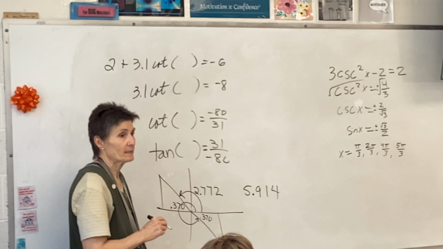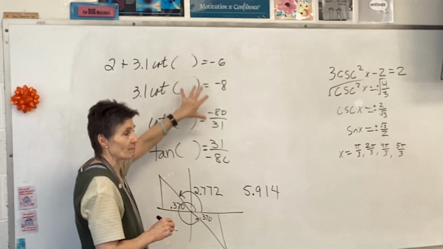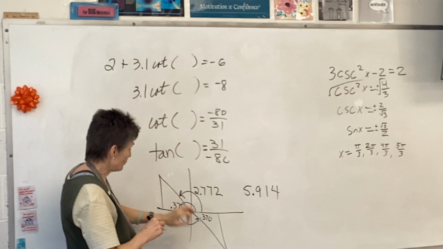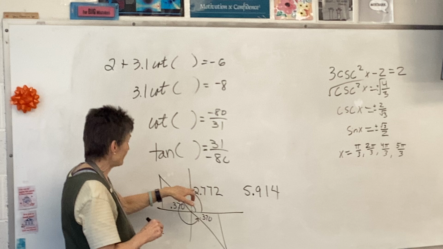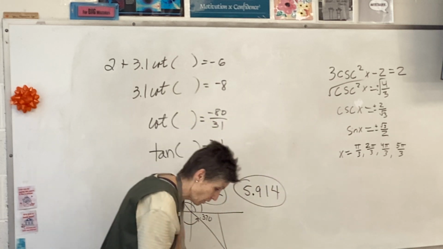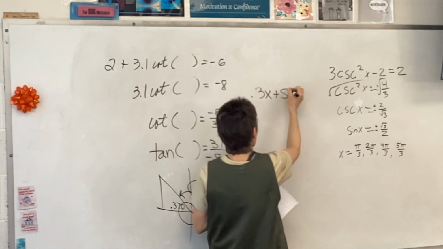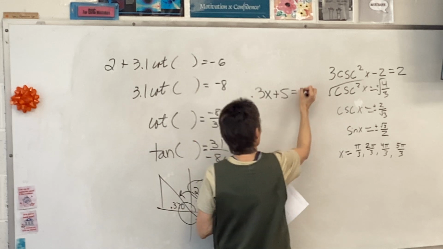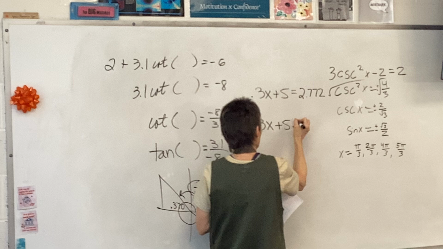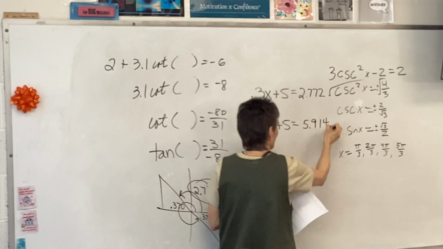All right, is everybody with me so far? Don't get bogged down in the name of the angle. You just know whatever that is, it's in quadrant 2 or quadrant 4. And in fact, this is what it is. So, 0.3x plus 5 has to equal 2.772. 0.3x plus 5 has to equal 5.914.